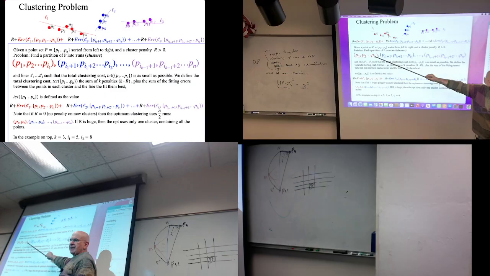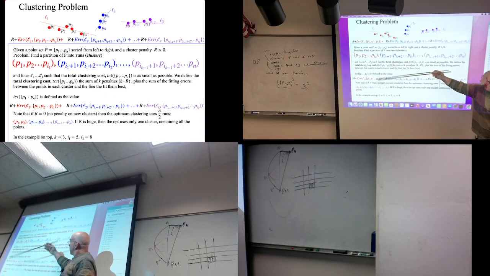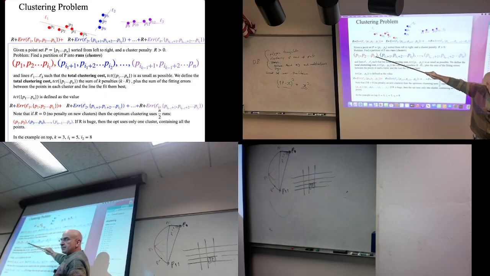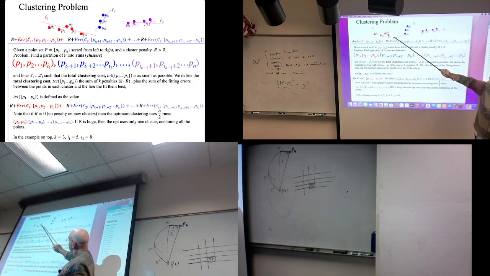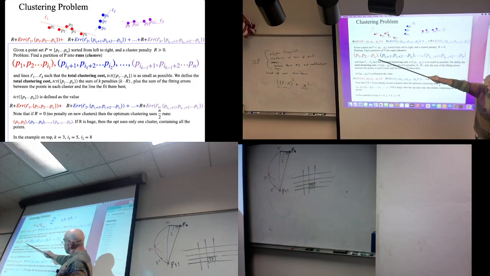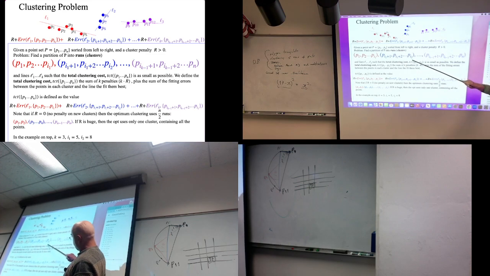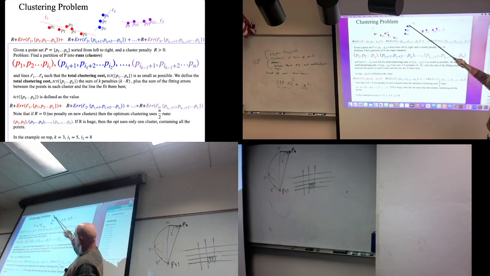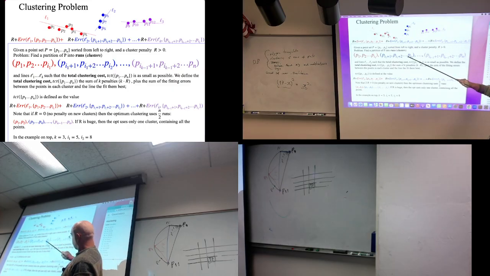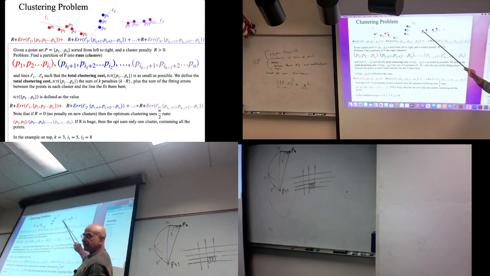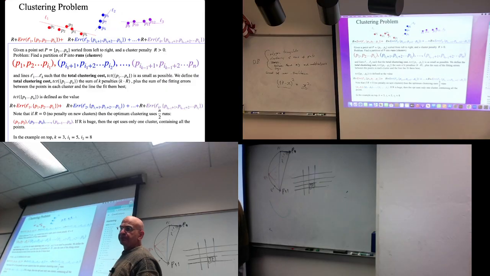Sorry for the double indices. So i1 is the number that I need to compute. That would be the last point of the first cluster. That's what the 1 tells me. i1+1 is the next point, in the next cluster. I need to compute it all the way to i2, the index of the last point of this cluster. p(i2+1) is where the next cluster will start, and so on, all the way until the last point.